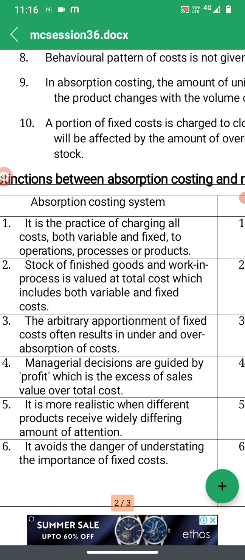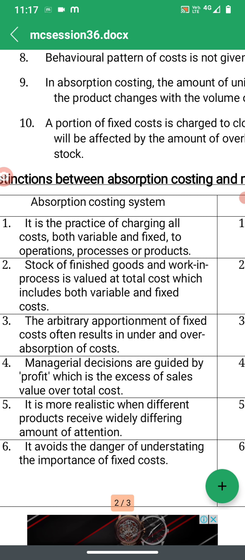So the arbitrary apportionment of fixed cost often results in under and over absorption of overheads. For example, in the fourth semester, you studied apportionment, absorption, and then the non-integrated accounting system, where you get the terms under absorption and over absorption of overheads, like manufacturing overheads, factory overheads, then selling and distribution overheads, etc. And ultimately, you take that into the costing profit and loss account.